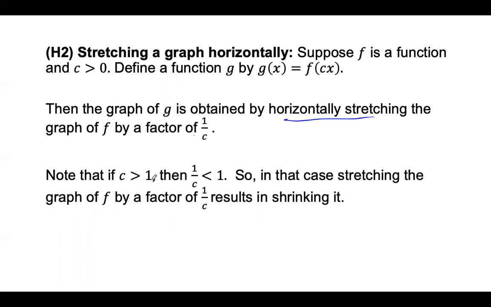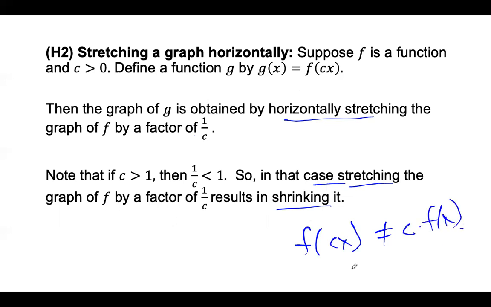Note that if c is greater than 1, then 1 over c is less than 1, so it shrinks the graph. The important point to note is that f of cx does not equal c times f of x. They're not the same thing. They're apples and oranges. So be careful.